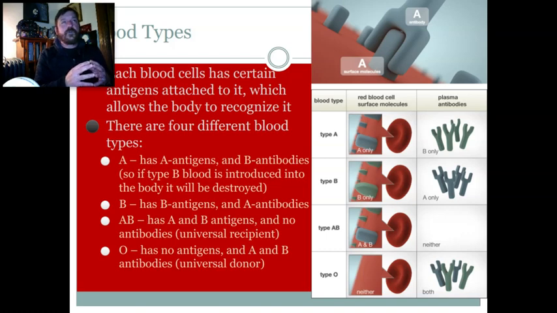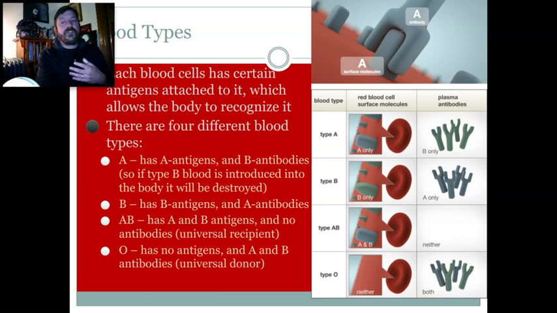So, this is why you have to be careful when you're giving someone a blood transfusion that you don't mix type A blood with type B blood, so that people can take the transfusion without any side effects. People with type B blood have type B antigens. And again, recall back, antigens are proteins on the surface of the cell that identify the cell as the type.